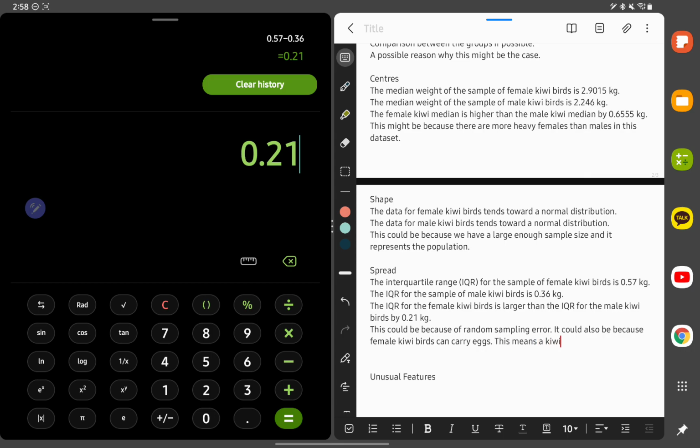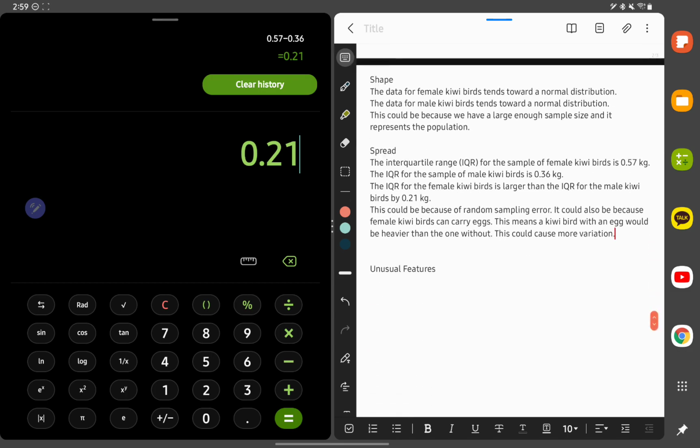This means a kiwi bird with an egg would be heavier than the one without an egg, right? This could cause more variation, right? It just could be a wider range of weights, right? When I say variation, that's that. Boom. That's spread done.